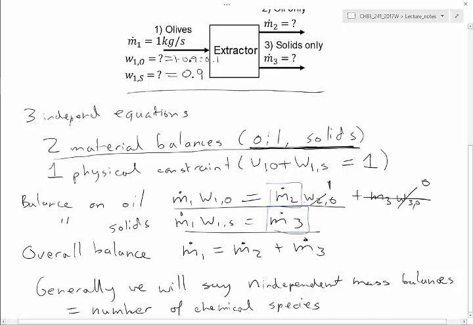Once we've figured out either M2 or M3, we could also use the overall balance to solve, right? So in this equation, the overall balance equation, we have two unknowns, where in the other two, we have one. So the question is, why can't we use all three of these balances to solve this system when I have more unknowns?